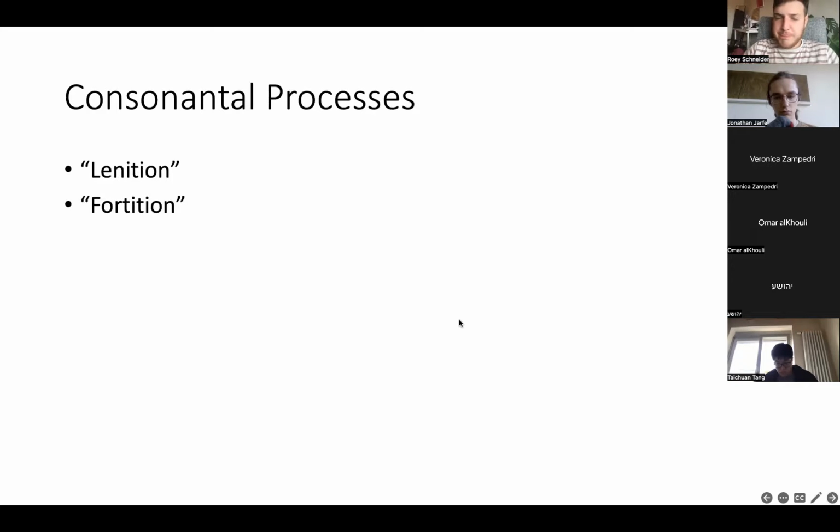In general, consonantal processes are, well, it's very outdated, but some people like to divide them into lenition and fortition, like making a sound weaker, which means a fricative or voiced, or stronger, which means voiceless or stop.